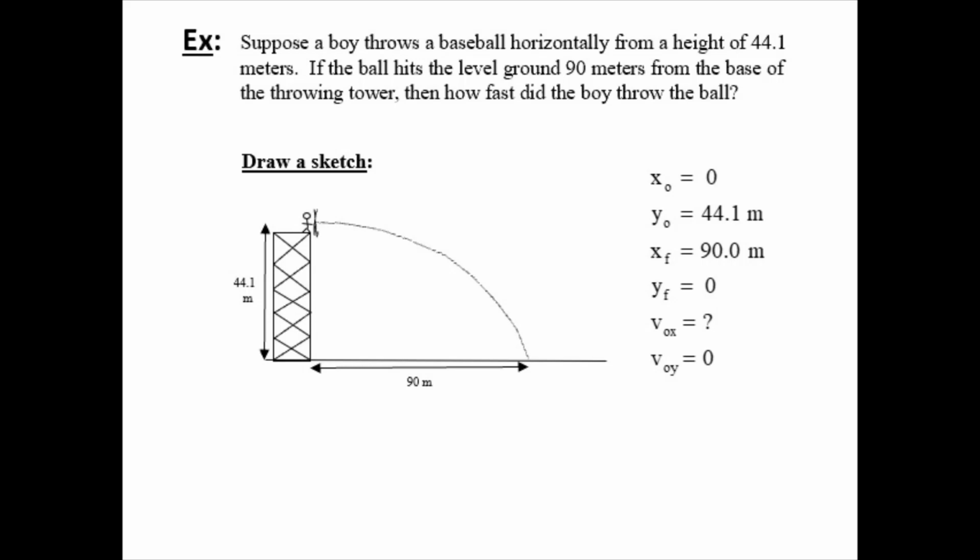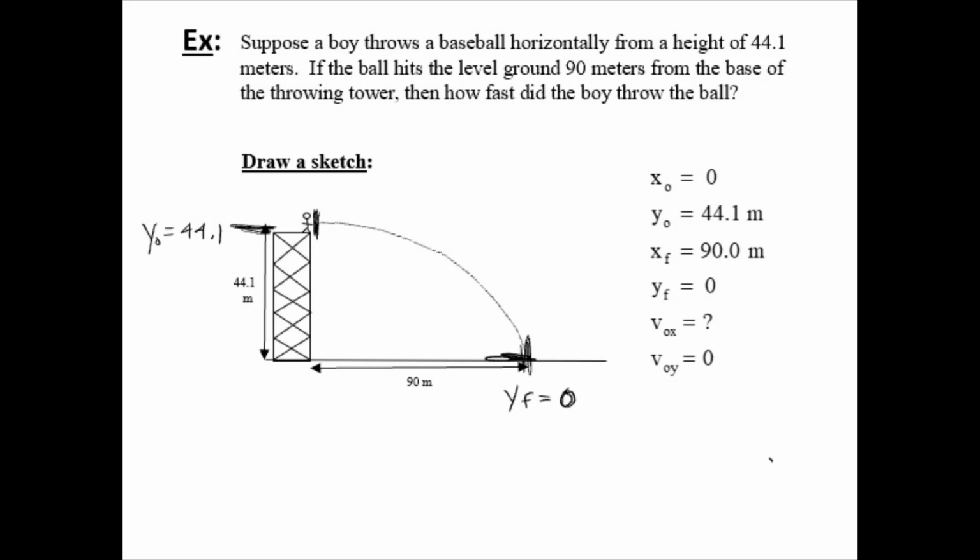So I called the position where it starts x0 equals 0, and x final equals 90. But I decided to call the height at which it starts y original, 44.1, which means when it lands over here on the ground, y final is going to be 0. Okay? You can do that.